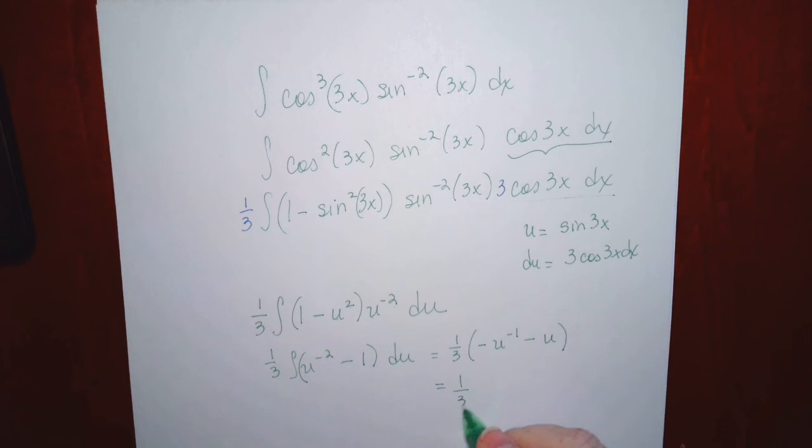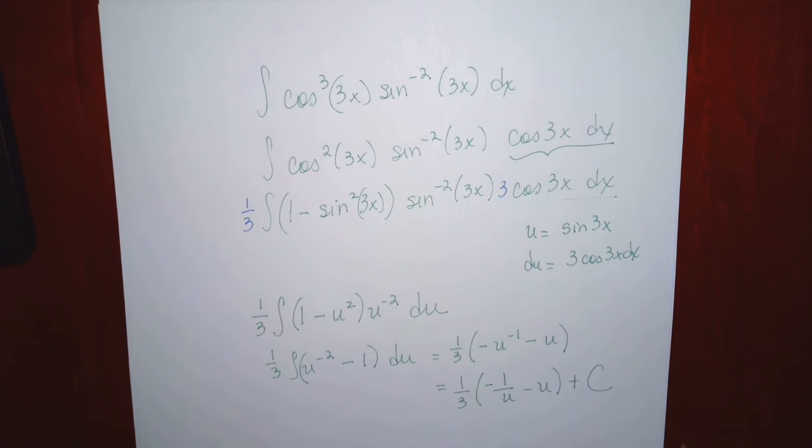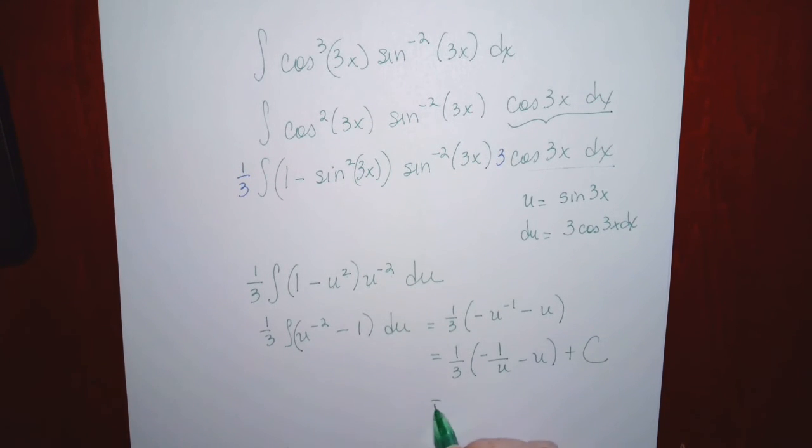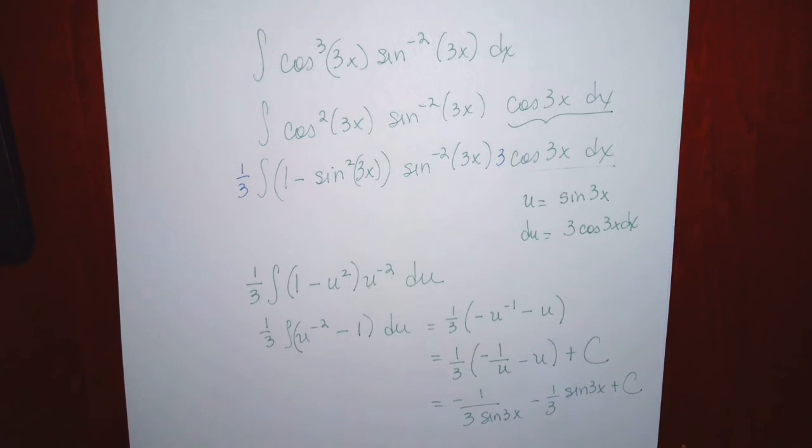So we have 1/3 times negative 1 over u minus u, and I'm going to put on my plus c. So we have negative 1 over 3 sine 3x minus 1/3 sine 3x plus c.